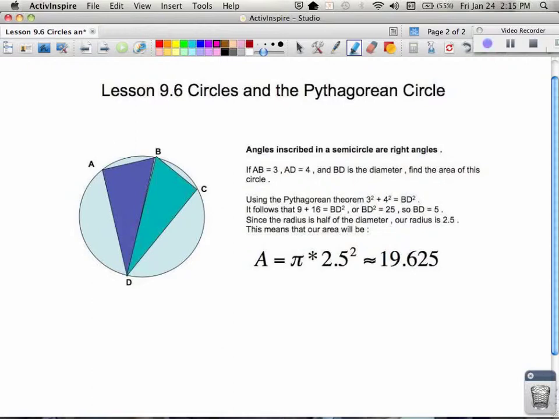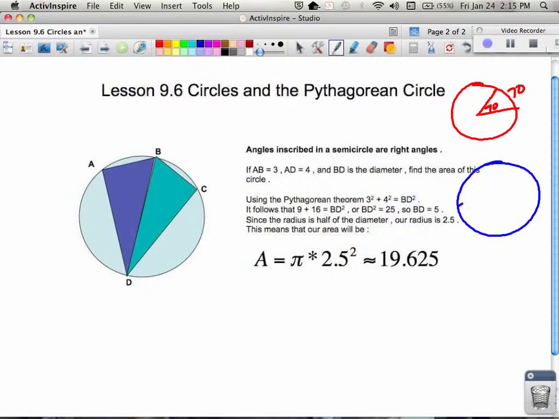For example, if I look at this red circle and I draw a central angle like this, and I tell you that that arc is 70 degrees, then this angle is 70 degrees. However, if I draw a different circle and I draw the inscribed angle and I tell you that arc is 70 degrees, the inscribed angle is 35. It's half. So that's something really important to remember.